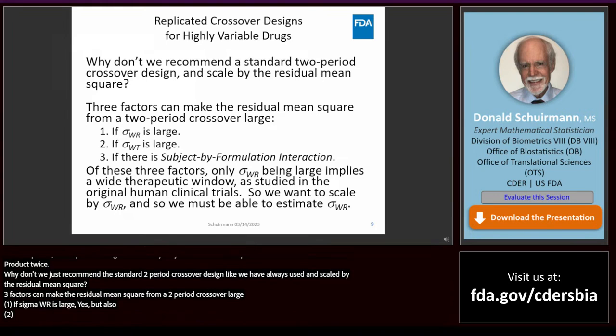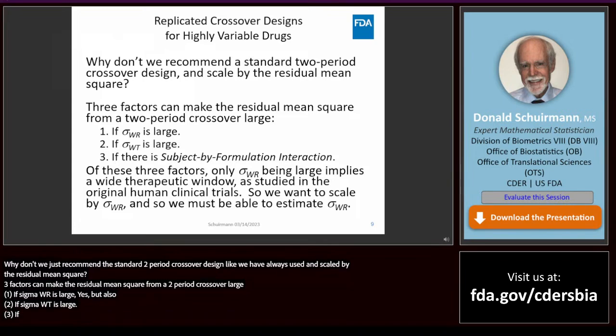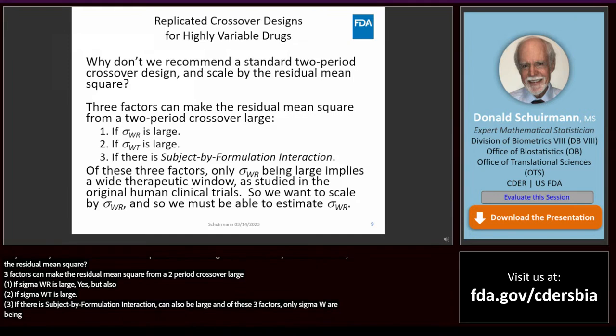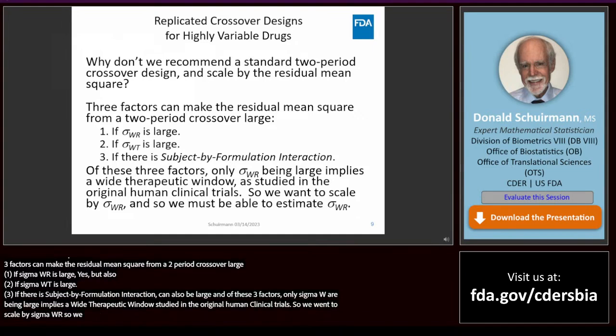And it can also be large if there is what we call subject by formulation interaction. Now, of these 3 factors, only sigma WR being large implies a wide therapeutic window, as studied in the original human clinical trials. So we want to scale by sigma WR, and so we must be able to estimate sigma WR.